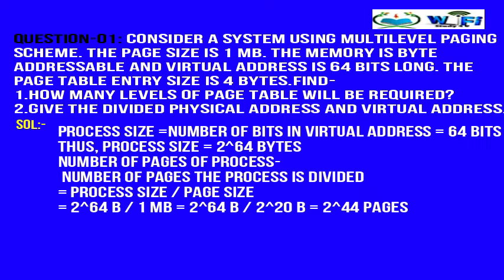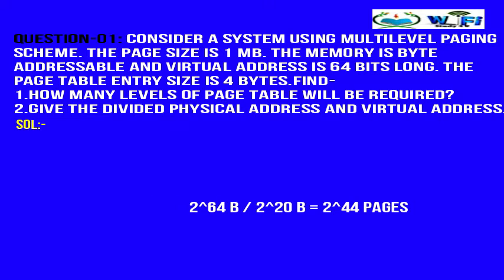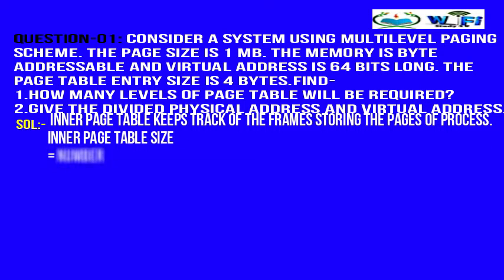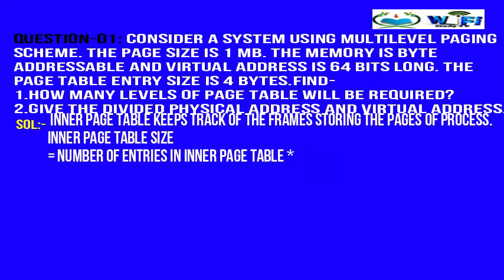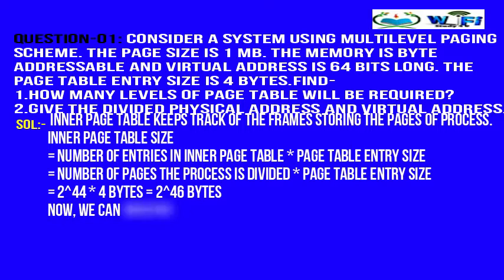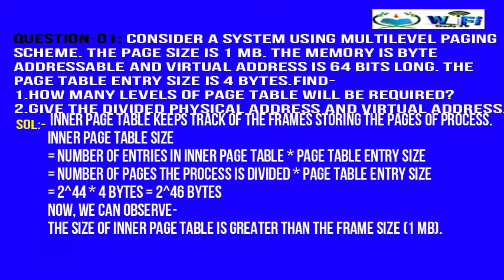Inner page table keeps track of the frames storing the pages of the process. Inner page table size equals number of entries in inner page table into page table entry size, that is, number of pages the process is divided into, into page table entry size, because the number of entries in inner page table equals the number of pages. The number of pages we found is 2 to the power 44, into page table entry size given as 4 byte, which means 2 to the power 46 byte.